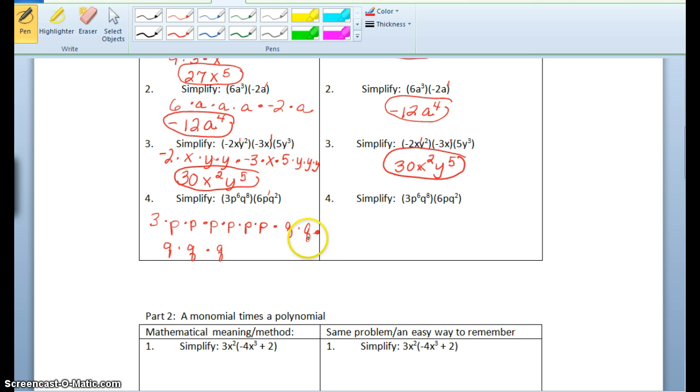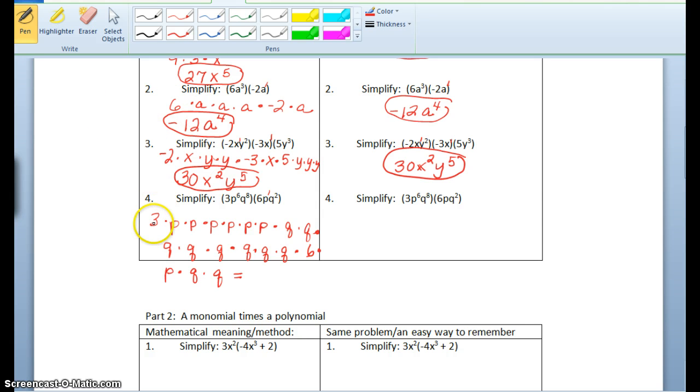How many q's do we have here? That's 1, 2, 3, 4, 5, 6, 7, 8. See why my method is easier? Now we still have to multiply it by 6 times p times q times q. Whew, that's a hot mess. You see why my method is so much easier?